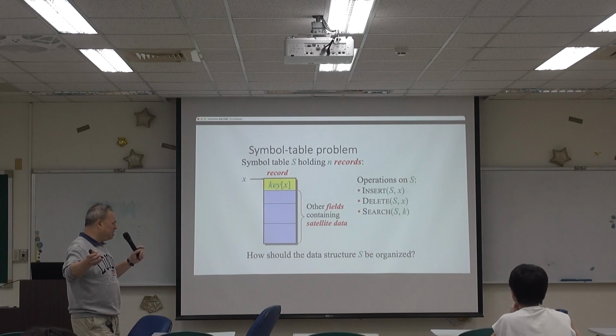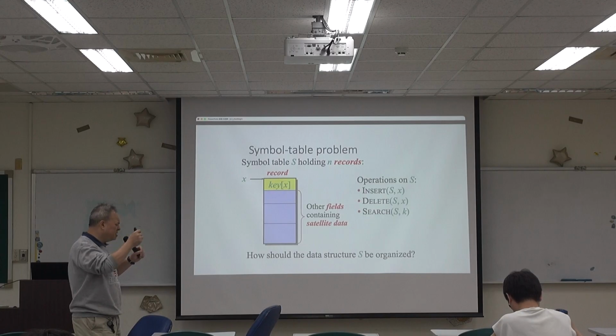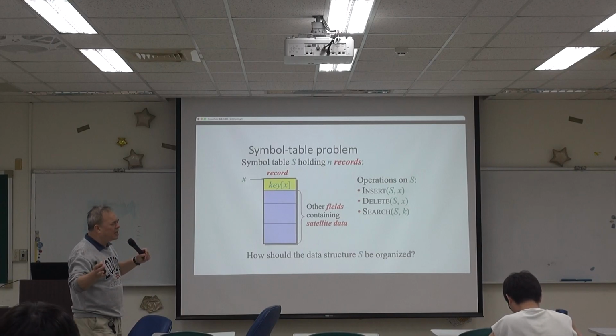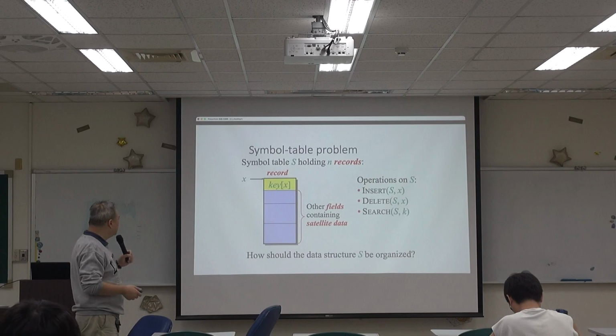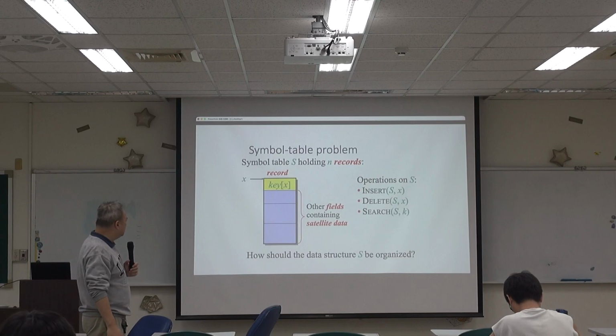So if you want to find a place to insert, then all the records behind it have to be moved one position to the right, so that you can clear up a space to insert this new record. So the insertion takes linear time.